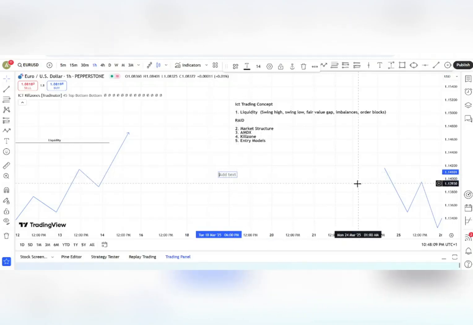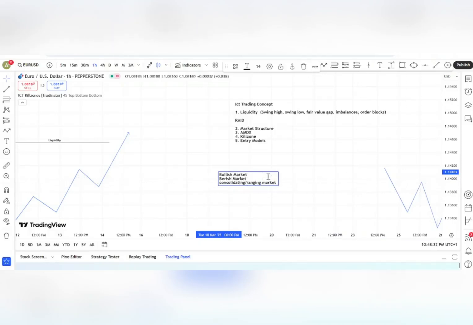So let me write this: the bullish market, the bearish market, and the consolidating, also called ranging, market.